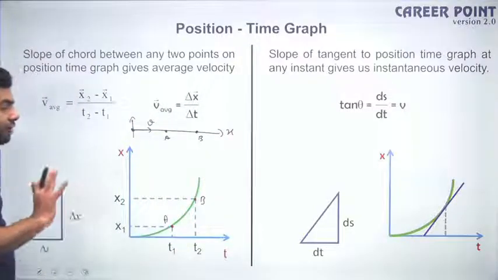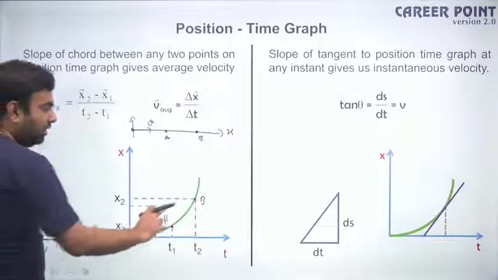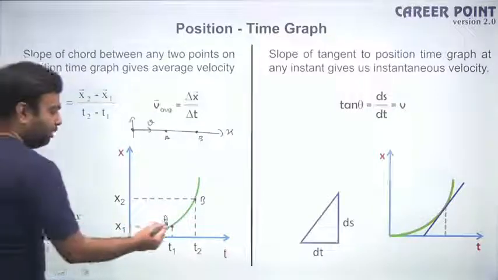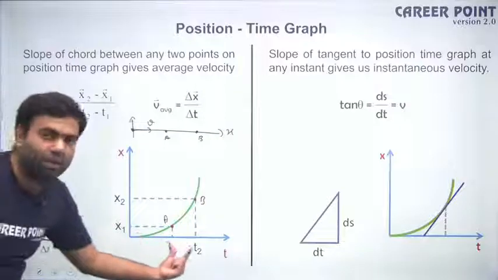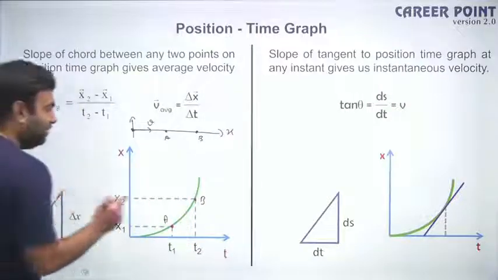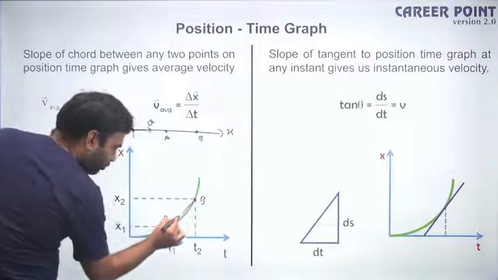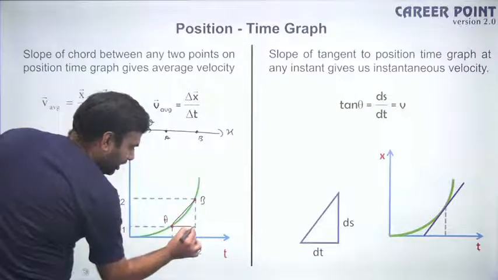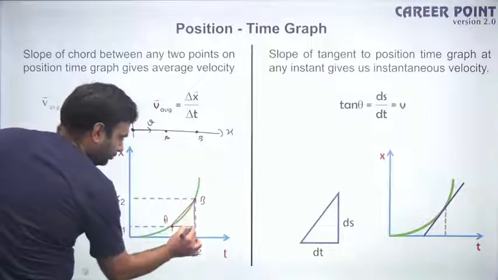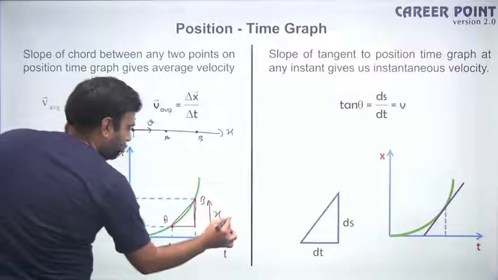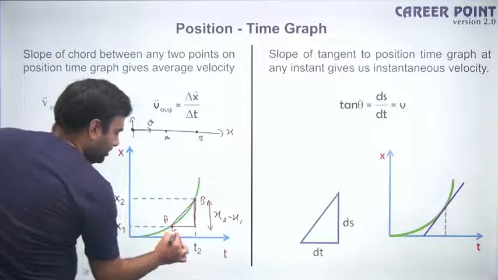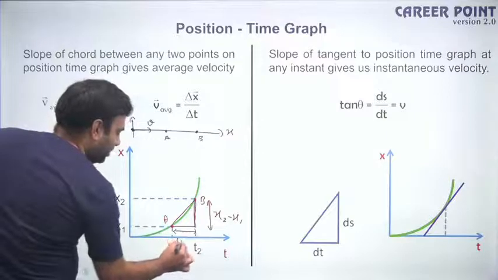If I want the average velocity between points A and B, what will I do? Total displacement by total time is average velocity. That means if I join these 2 points AB and make this triangle, then this length of the triangle will be x2 minus x1, and this distance will be the time difference t2 minus t1.